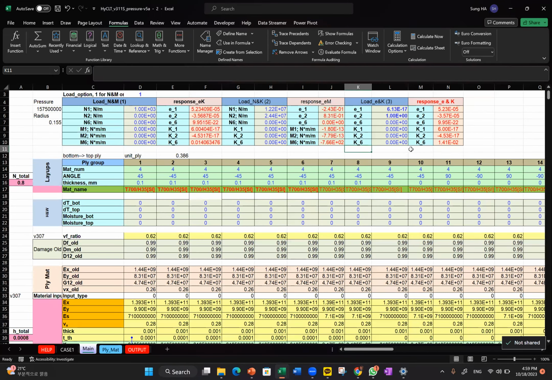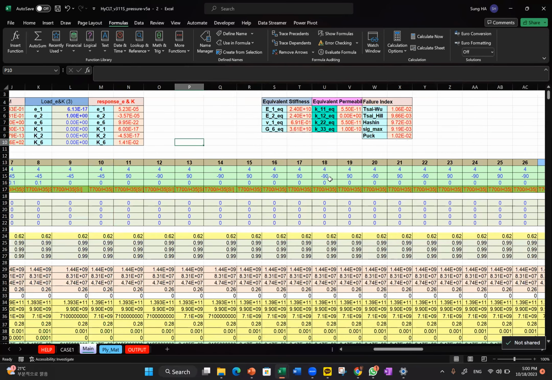Now, just one theory that is very important is the equivalent stiffness. We have a laminate, but we can imagine the equivalent stiffness in the one direction and two direction, and Poisson's ratio and the shear stiffness. This equivalent stiffness is the stiffness of the laminate.